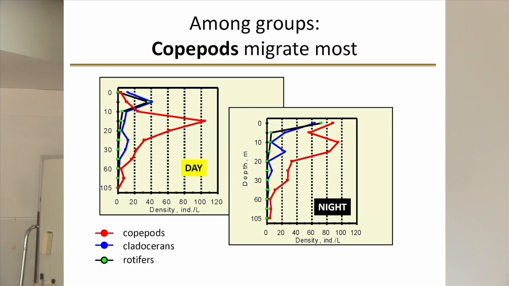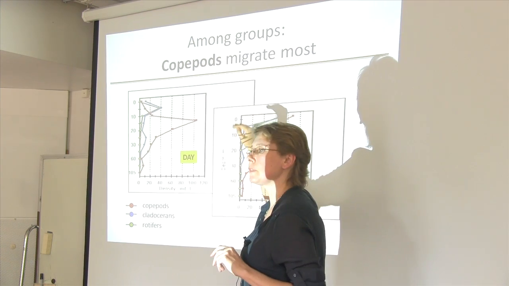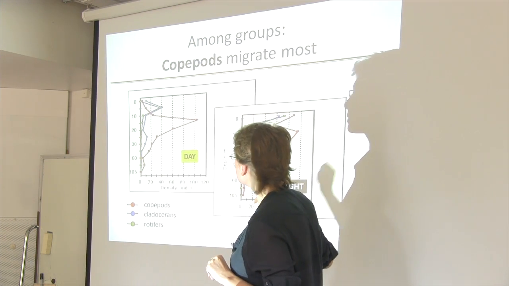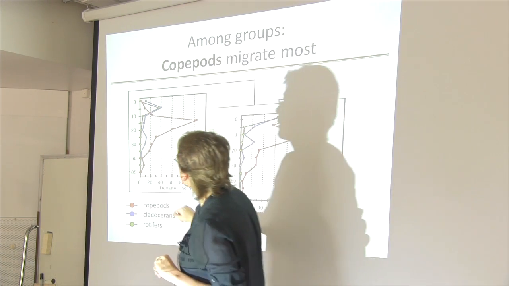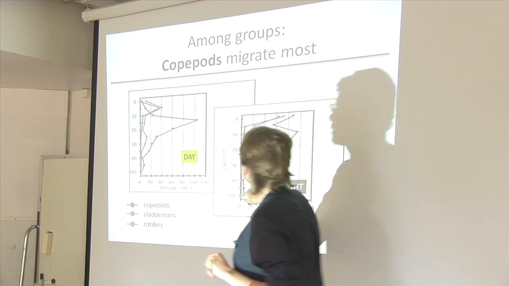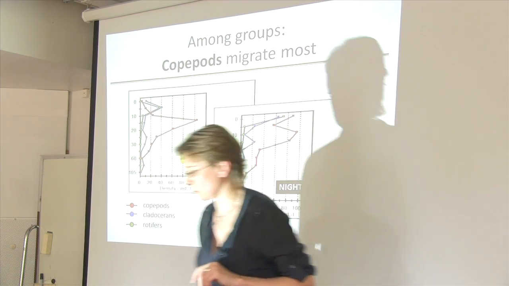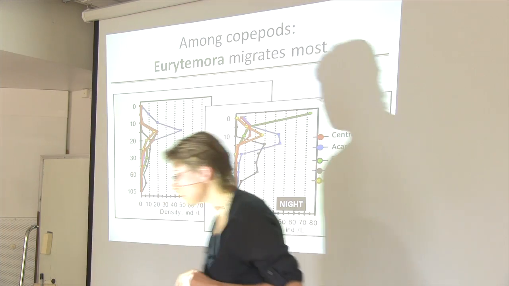During nighttime, they are distributed in the trophogenic layer, more or less. Cladocerans also migrate, although to a smaller extent, but they migrate closer to the surface compared to the copepods. Rotifers are almost non-migrating, so there is essentially no difference in the vertical distribution between day and night.